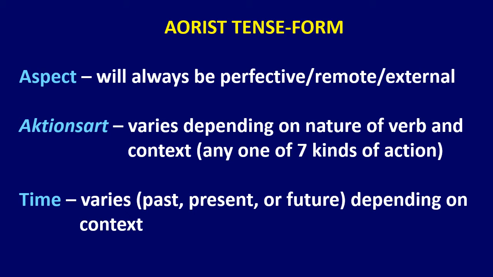And I gave you in the last lesson 7 different uses or kinds of action that are possible. And then when it comes to time, we know that the aorist tense form is flexible as well. It can be used for past, present, or future time for an action. And so you have all these different variables that you have to keep in mind. It's not just three variables, aspect, aktionsart, and time. It is aspect, which is a one-to-one correspondence. It will always be perfective aspect.